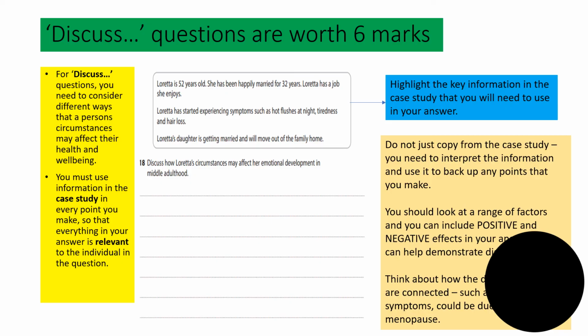This actually helps to contribute to a good discursive answer. Think about how they are connected. For example, we know that Loretta is 52 years old and she started to experience symptoms such as hot flushes at night, tiredness and hair loss. She's 52, so it's probably the menopause or perimenopause. And you could actually link the age and the symptoms that she has there to come to that conclusion.